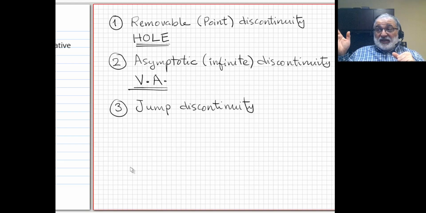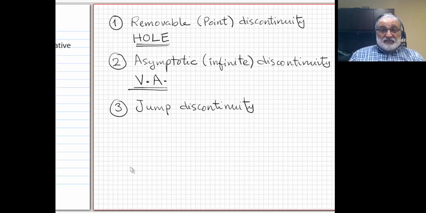So whether we have a hole or a vertical asymptote, in which case the function is undefined, right? Or whether it is defined as we showed in our examples. The fact that we have a hole doesn't necessarily mean that the function is undefined. It can be defined. Same thing for the vertical asymptote.